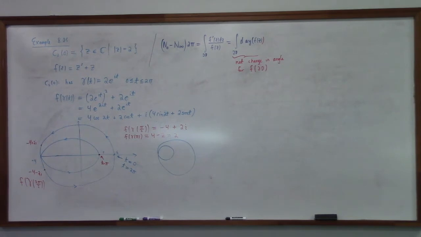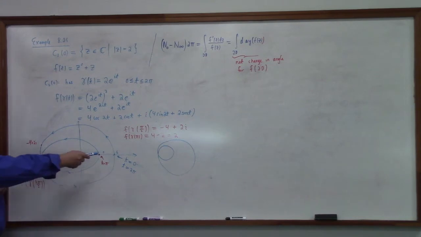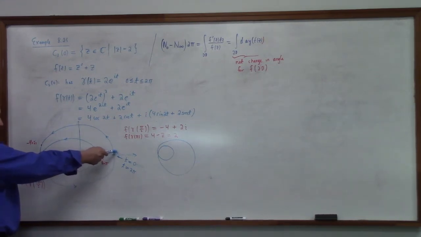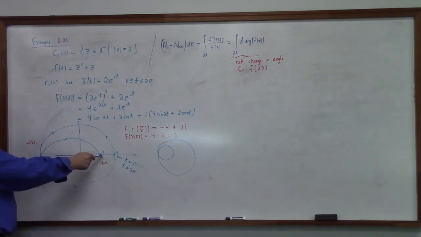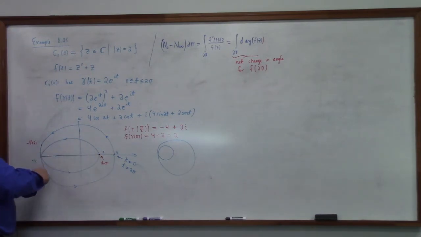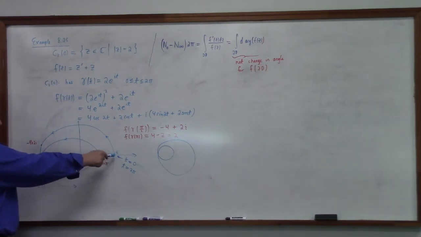Okay, so what's the change in argument then? So you can see the change in argument for this curve, right? Can you understand it intuitively? Right, so we just look at the curve, we start here, and the angle does what? It increases all the way over to here. The angle of the curve has gone 2 pi when we get to there, right? And then another 2 pi like that.